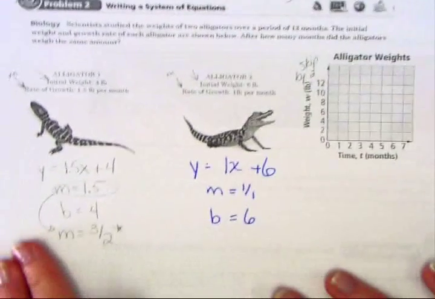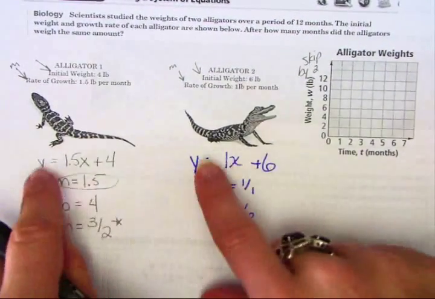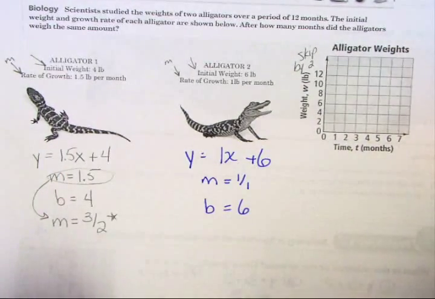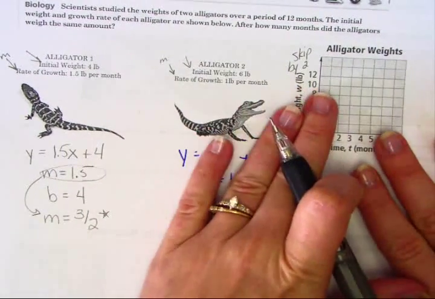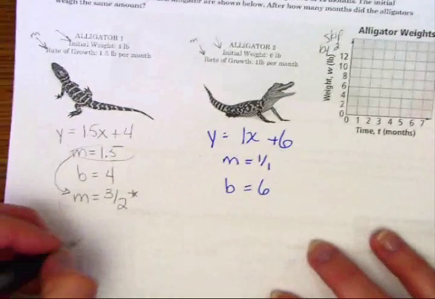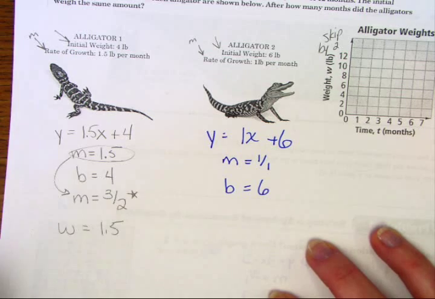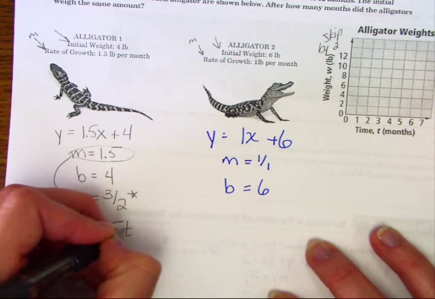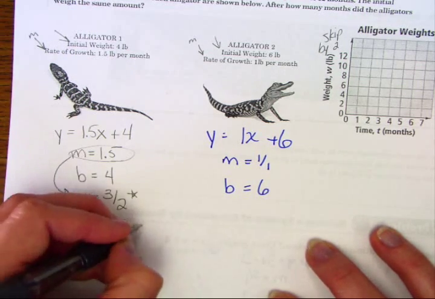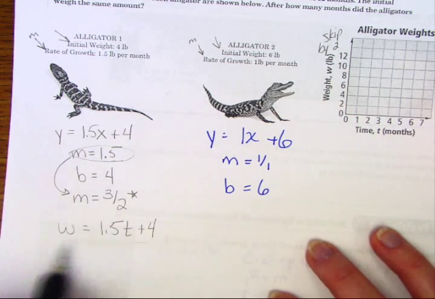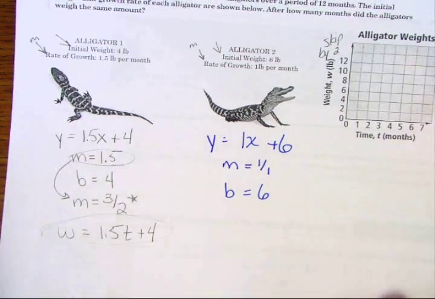I'd like to make another note. We use the variables y and x because we're familiar with them. But for this particular problem, instead of y, they want us to use w to represent the weight. And instead of x, they really would like us to use t to stand for time. So if we want to rewrite our equations to make them happy, let's just do that, okay?